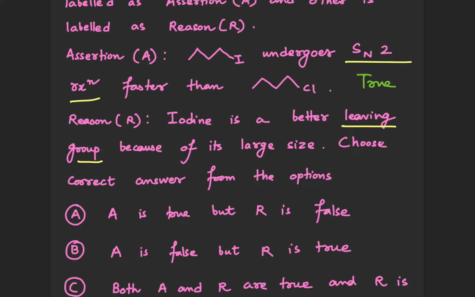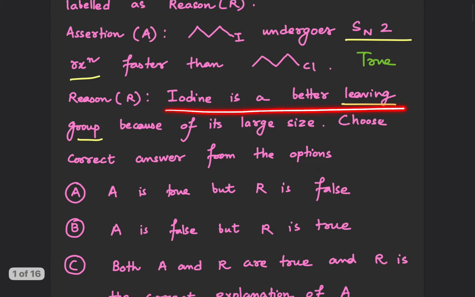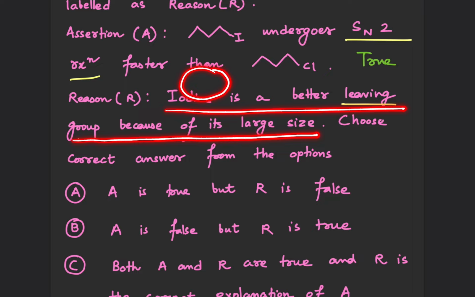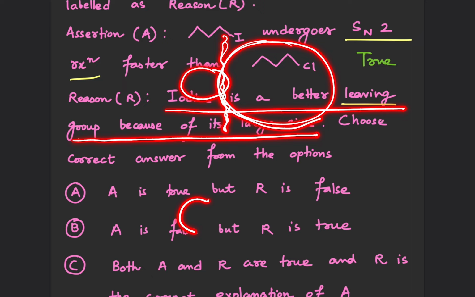True. And let's see the reason. Iodine is a better leaving group because of its large size. Yes, because let's say this is carbon, and this is iodine. Sorry, it is easier to break this bond because of the bigger size of iodine. And then we have carbon and chlorine, a bit smaller in size. Due to more overlap, it is tougher to break this bond.